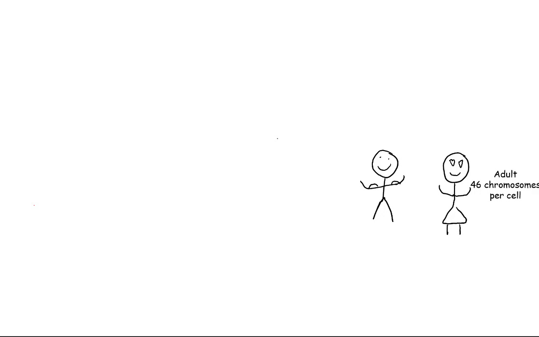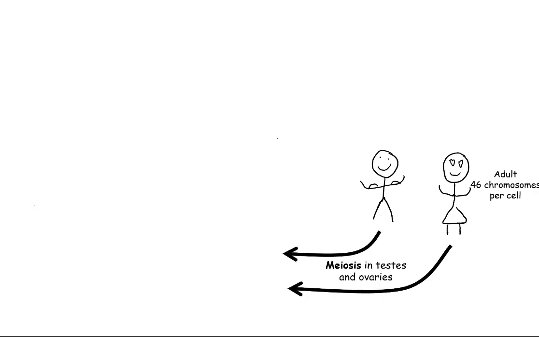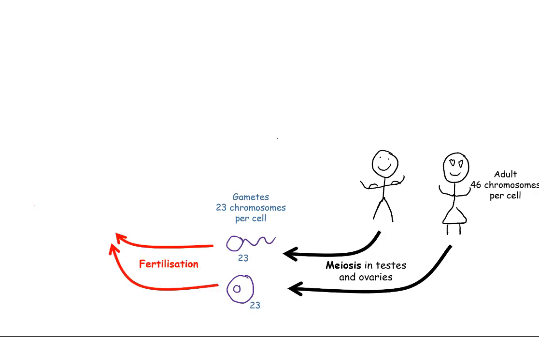Now the next part that we need to remember about is the adult life cycle. So each adult cell has 46 chromosomes per cell. Meiosis takes place in the testes and ovaries to produce gametes. The gametes will only have 23 chromosomes per cell, and they're known as haploid cells. Fertilization will take place where the sperm and the egg nuclei fuse together.